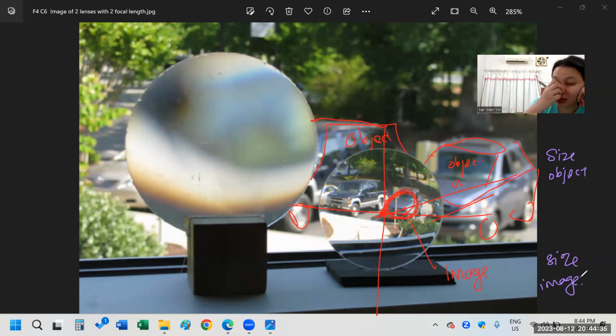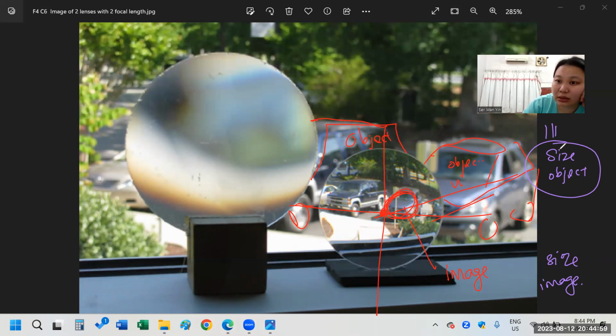Which one is bigger? Yeah, the object is bigger. Any other answers? I like interaction. Thank you, Cindy.